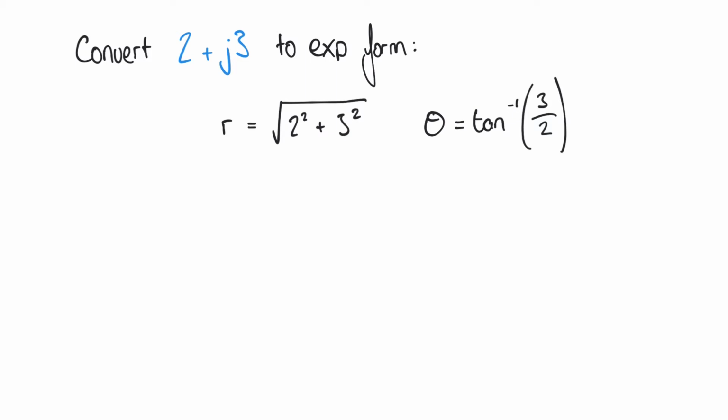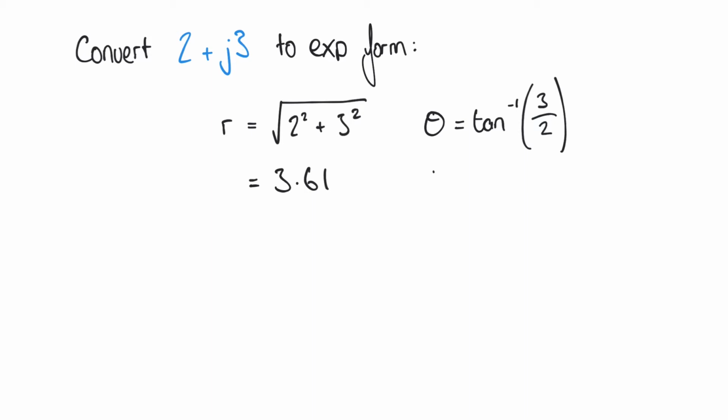If you're not sure where these have come from, then we do have previous videos on converting between polar and rectangular form. But here we can see that the modulus r is given by the square root of 2 squared plus 3 squared, and that gives us root 13, or as a decimal, 3.61.